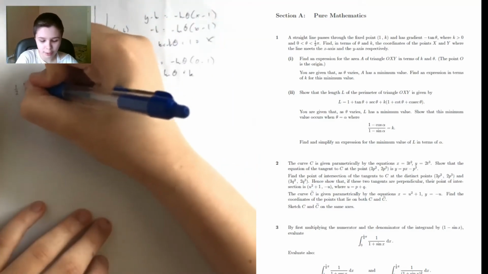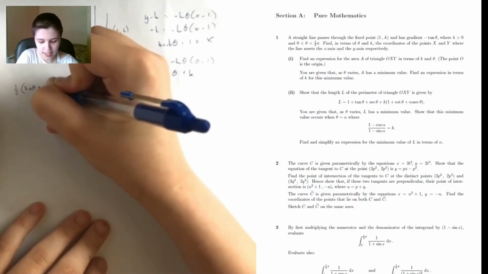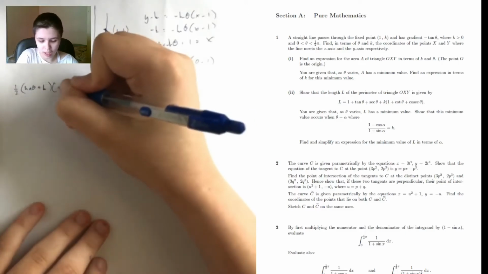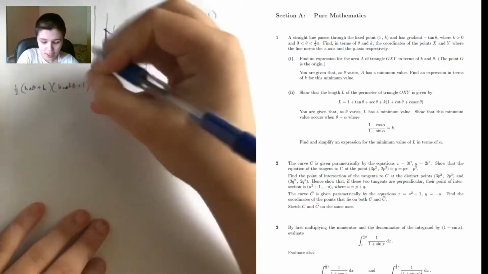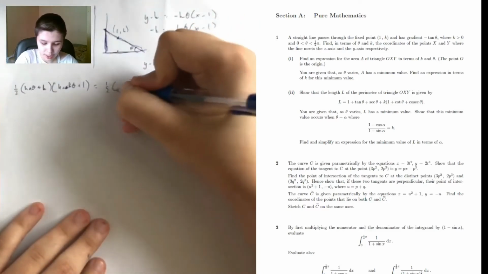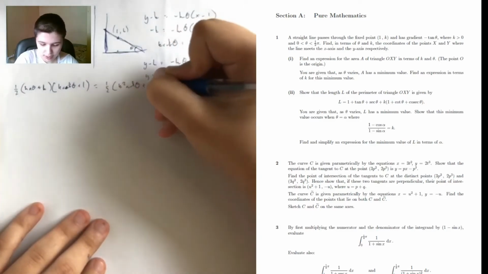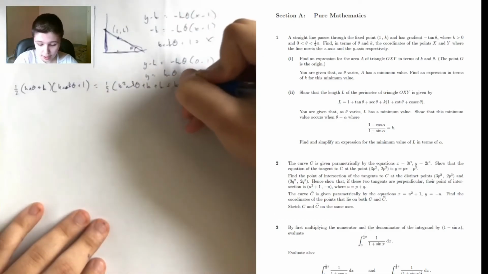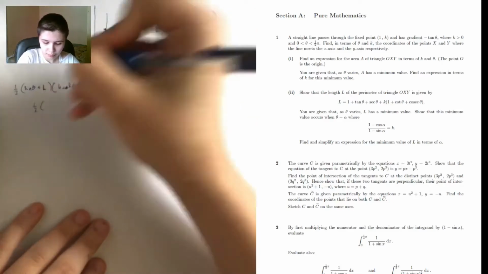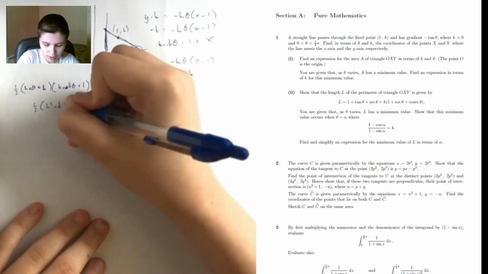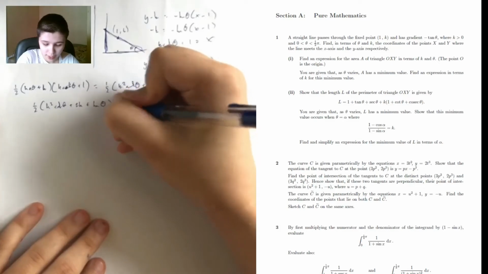So that's half times (tan theta plus k), that's the y coordinate, times (k cot theta plus 1). Expanding gives half times (k squared cot theta plus k plus tan theta k plus k), giving me a half times (k squared cot theta plus 2k plus tan theta).